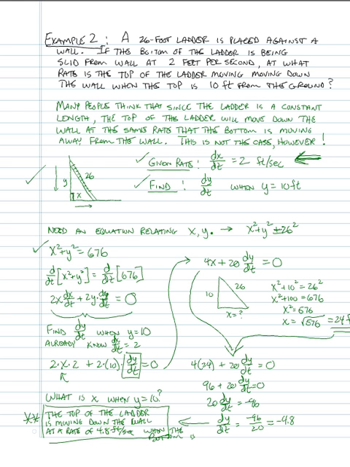I've run out of room. I bet you can't see that. So we go back to that, yes, it's moving down the wall much more rapidly than it's moving away from the wall at this point.